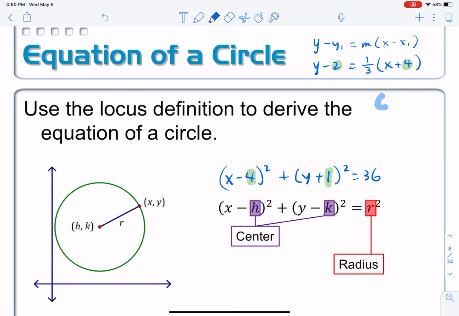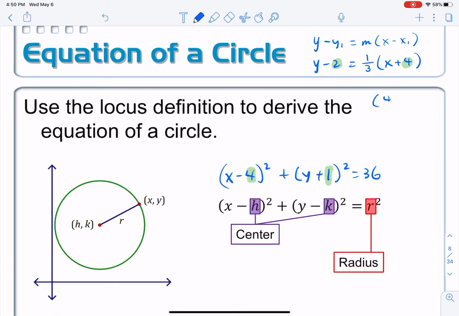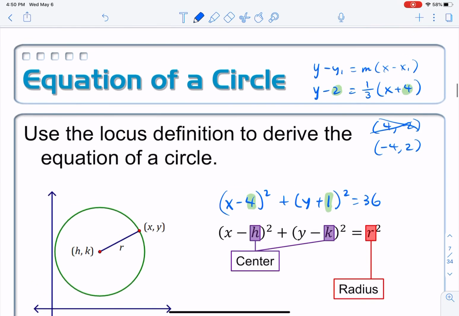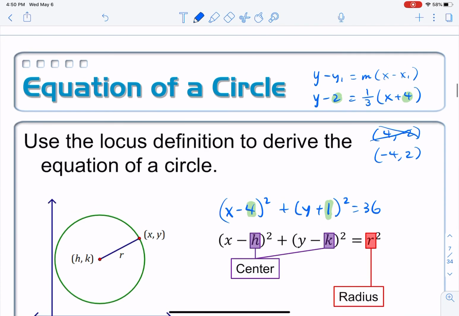It's not positive 4 and negative 2. That is incorrect. Instead, it is negative 4 and positive 2, right? Because the negative sign's already there. You can see the negative sign's already there, and the y1 is just 2. Over here, this negative sign's already there. In other words, this must have been minus a negative 4.